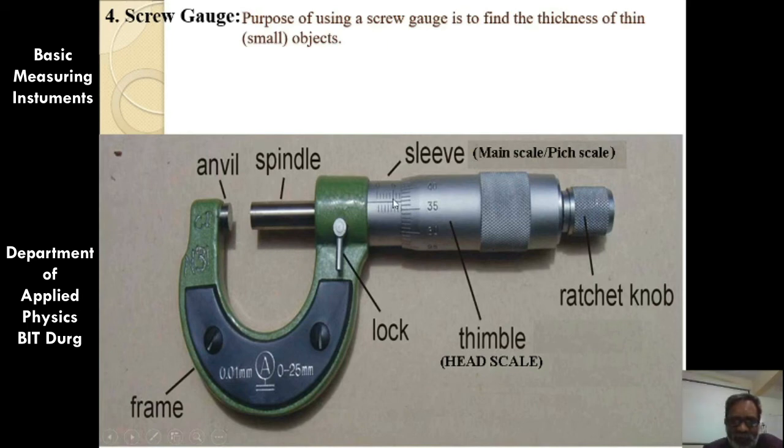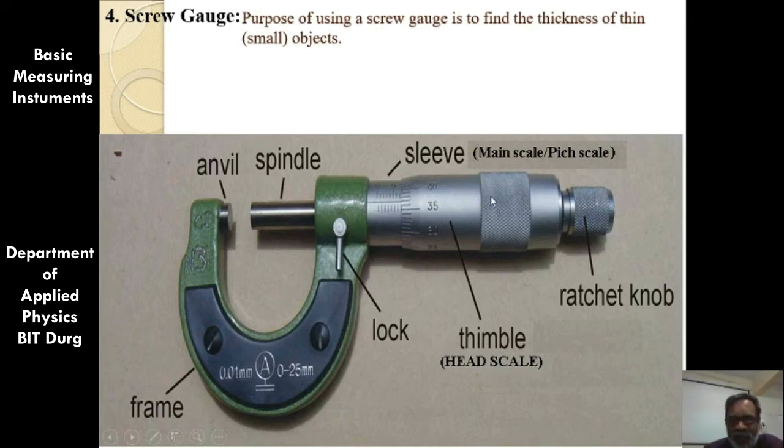Suppose I keep it at 5 millimeter. Then I start rotating this thimble or circular scale, and I give complete, even rotations. Either I give 2 rotations or 4 rotations or 6 rotations to this head scale. And after that we measure what distance has been moved.